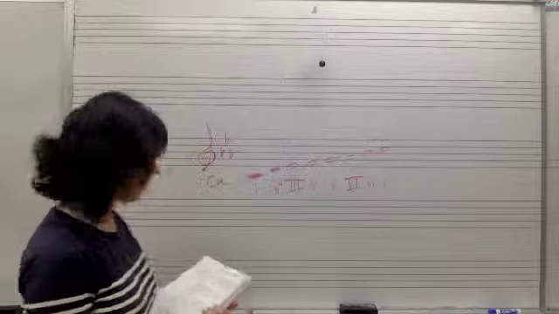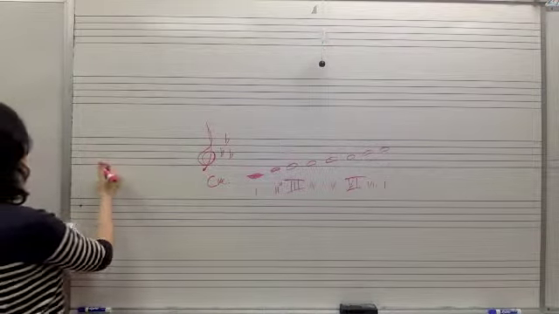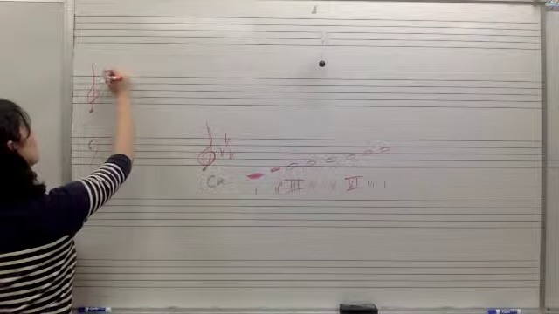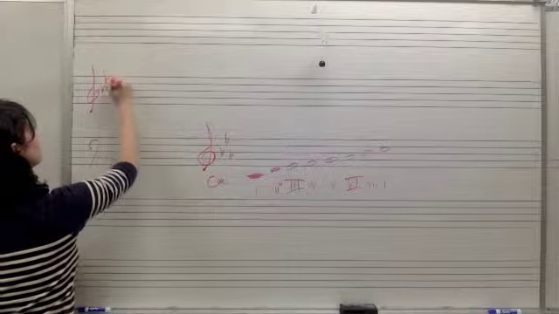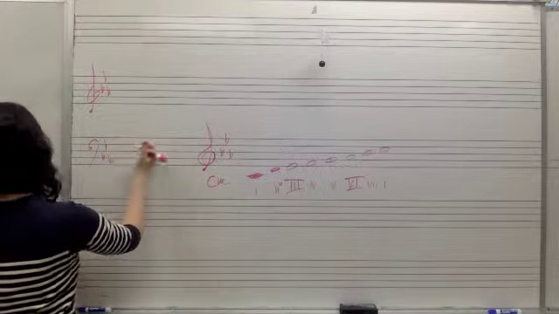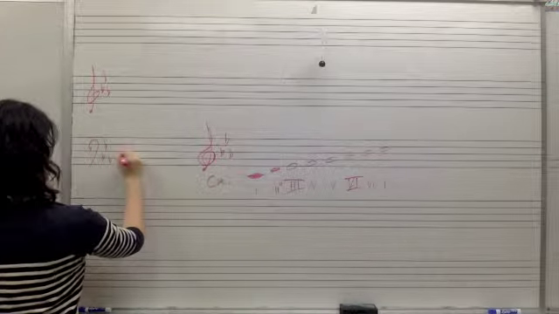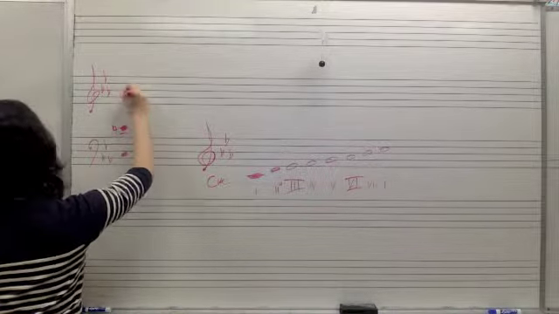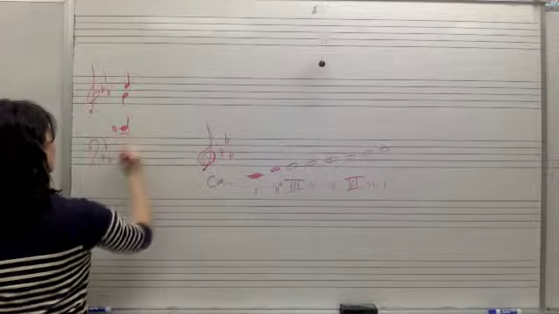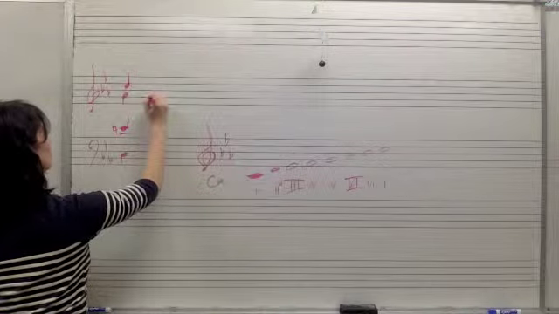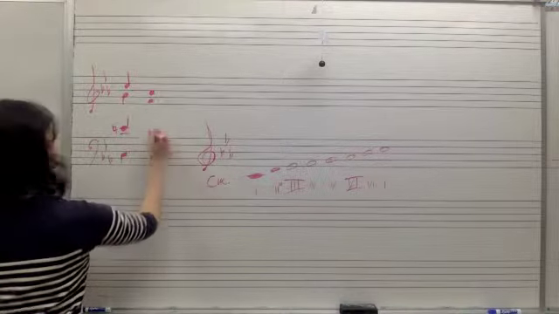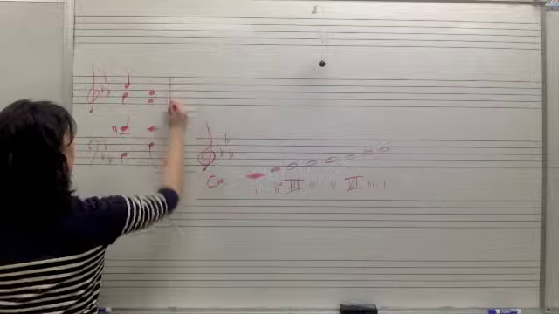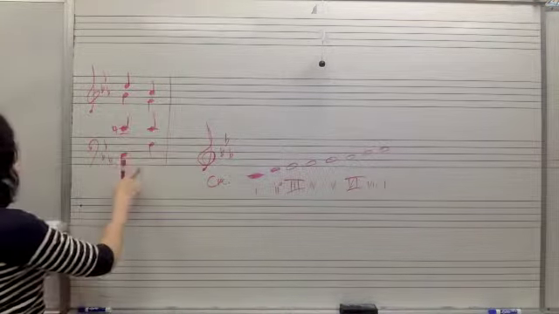All right, so if we build a key on that, for example, in 14.7, you have this example in your book. Okay, so we're given this chord.